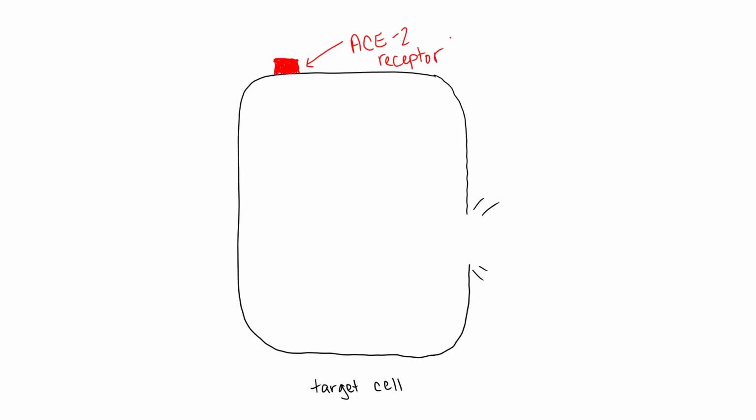So what happens is that the virus is able to stick to the ACE2 receptor. So it sticks to the receptor here, spiky virus, sticks to the receptor. And that actually is a way that viruses have evolved to essentially have the key into the house of the cell.